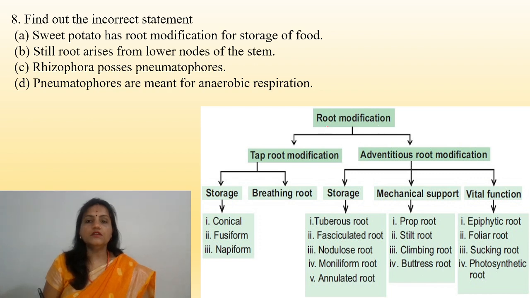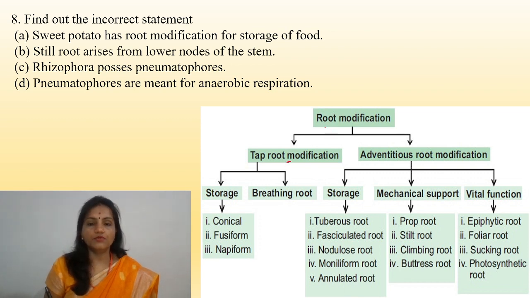The main function of roots, as I have already briefed you, is anchoring, that is support, and absorption of water and minerals. Apart from this, roots get modified for various other reasons, so we call them root modification. We study the modification under the heading taproot modification and adventitious root modification. Taproot modification is for the purpose of storage and for breathing.